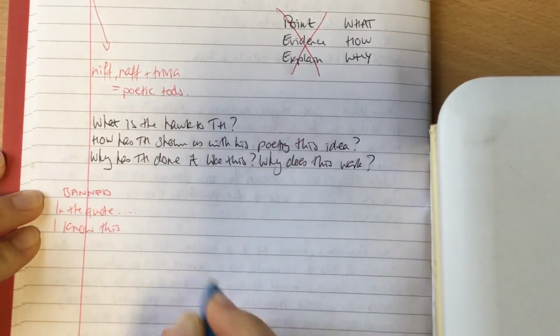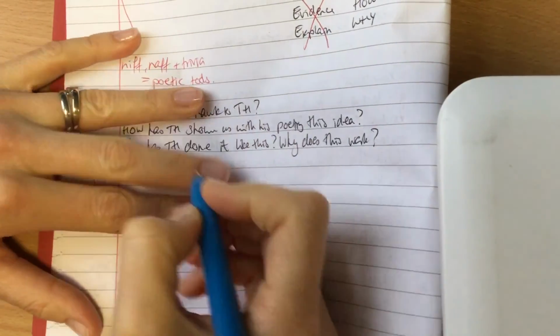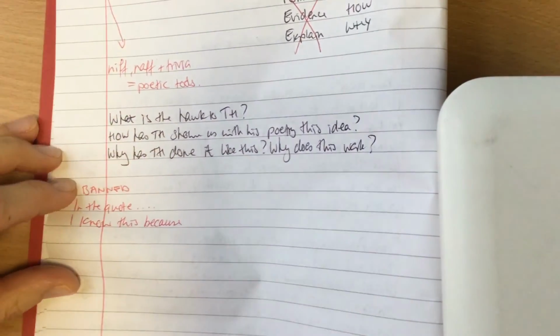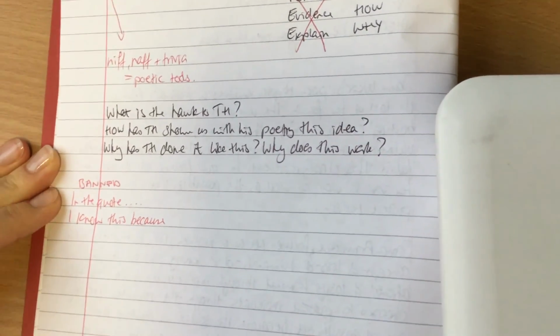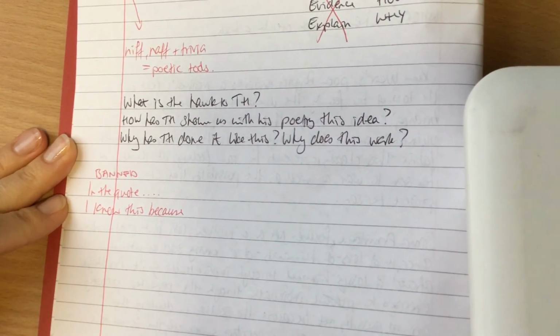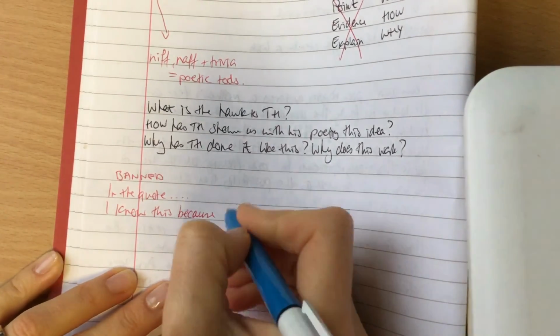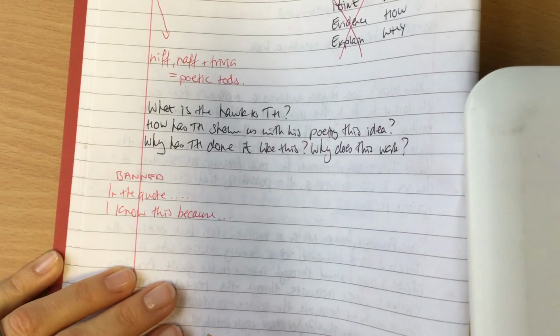Yeah? You can't really see properly. Is that better? Yeah. I don't want to wiggle it over too much because the iPad will fall off. There we are. I know this because dot, dot, dot. And the last one, it makes the reader want to read on.